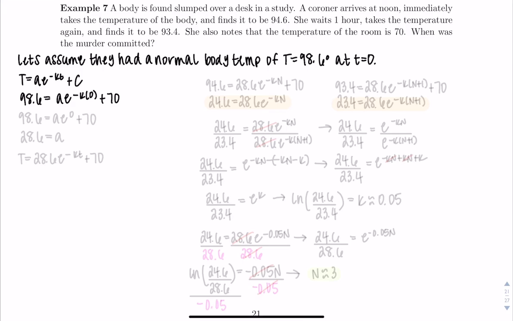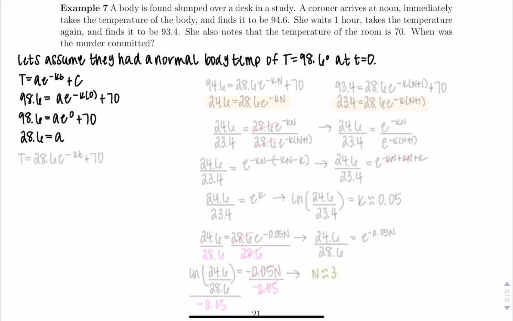And so that means we have 98.6 equals A e to the 0 plus 70. Let's subtract 70 from both sides. That's 28.6. And e to the 0 is just 1, so we get A.